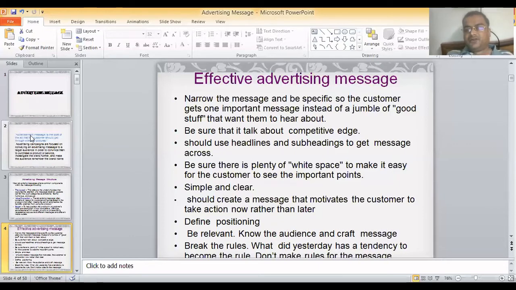For example, you have seen that many advertising messages say, hurry, offer closes now, or, hurry, limited stocks.